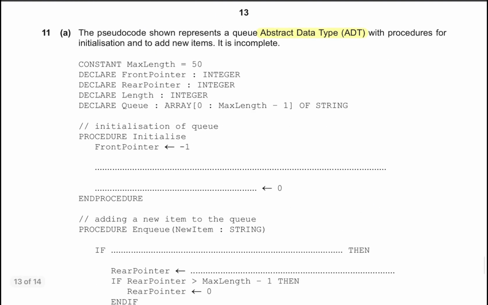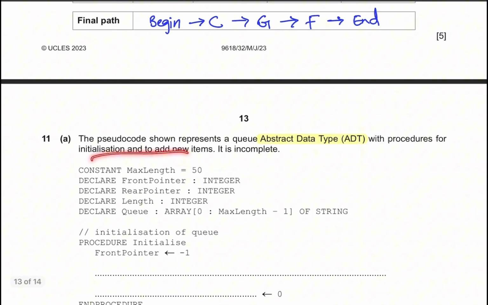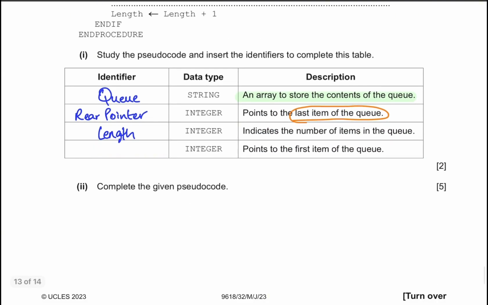First item, front pointer. It is already mentioned in the table that there are three integers, so here also you have three integers. Just read it and answer it. The keyword is here: first item of the queue.